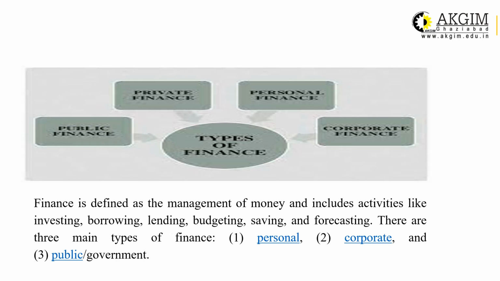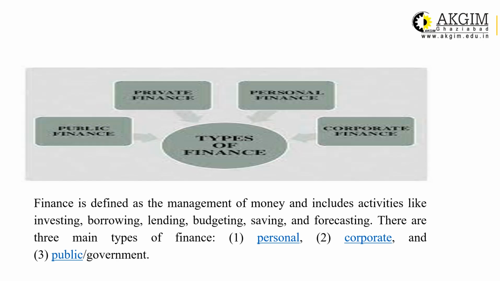There are three main types of finance. First is personal, second is corporate, and third is public or government. Personal finance is like when we go for a home loan, then we approach a bank because we need a home loan for buying a home. That is our personal need, and this type of finance is personal finance.